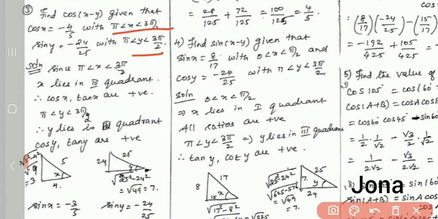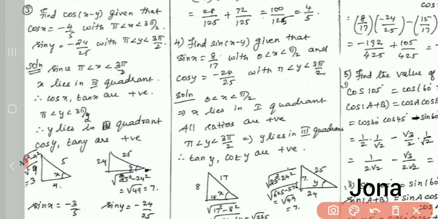Here clearly it's given x lies between pi and 3 pi by 2. That means that is in the third quadrant. Okay, in that third quadrant we have cot x and tan x, this is cot x, this is not a mistake there. Cot x and tan x are positive, all the other things are negative.